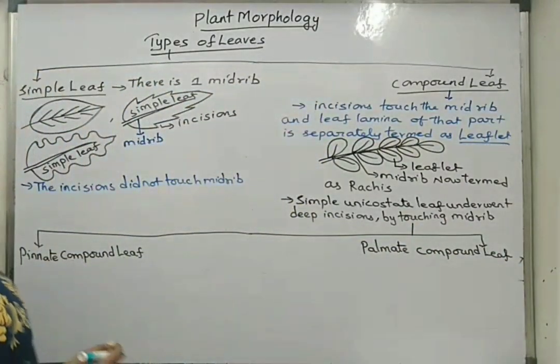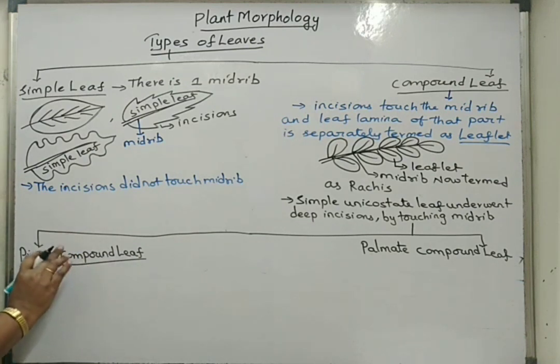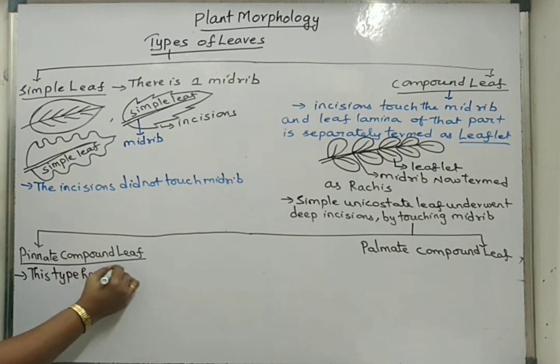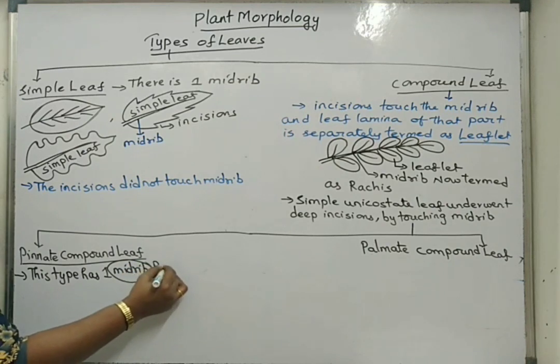First we will see what is meant by pinnate compound leaf. Under pinnate compound leaf we see only one rachis, but the number of leaflets will differ. So we will see that. This type has one midrib which we are terming as rachis.